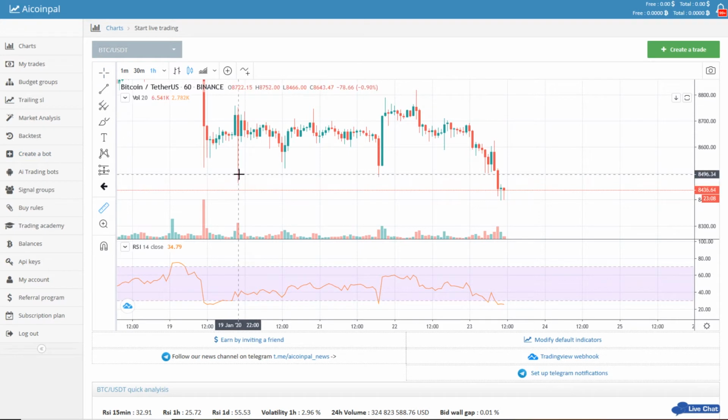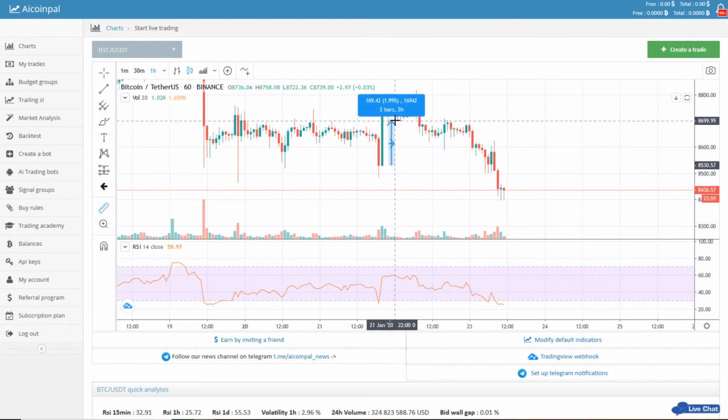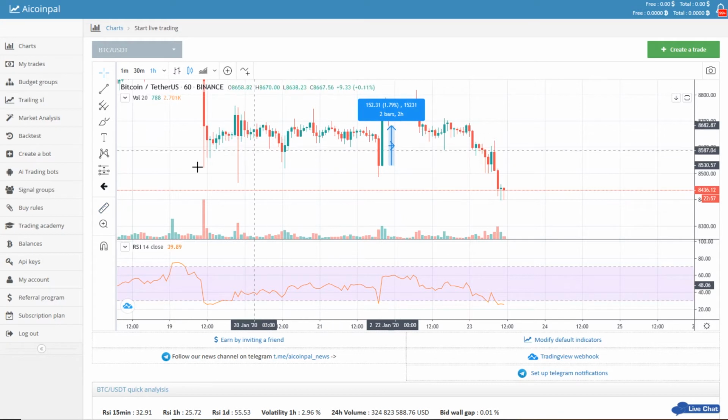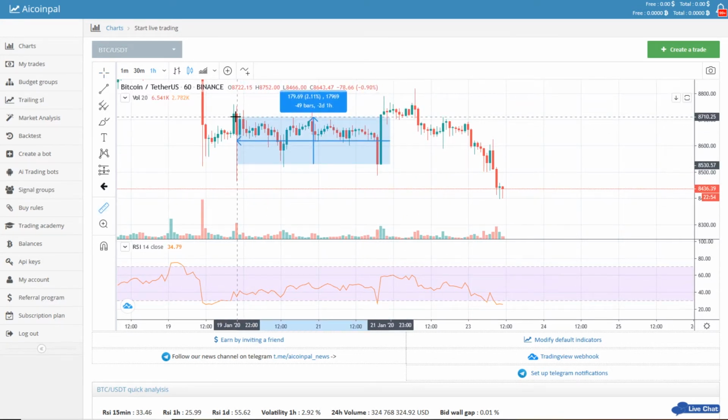For example, if you were to buy somewhere around here and sell at a normal area, you could make up to 1.8%. The same applies somewhere here. In maybe 2 days and 2 hours, you could actually get 2 really valuable trades.